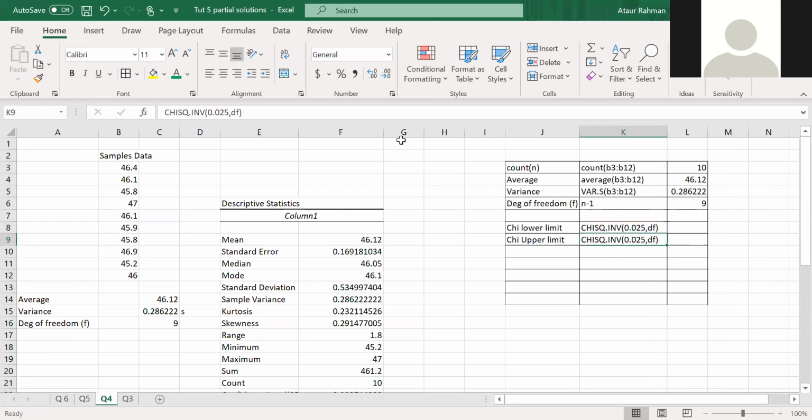And the chi-square upper limit will be 0.975. Because we see that the difference between 0.975 and 0.025 is 0.95.